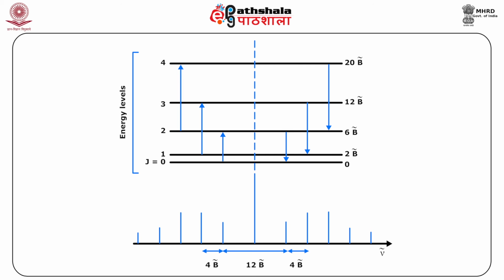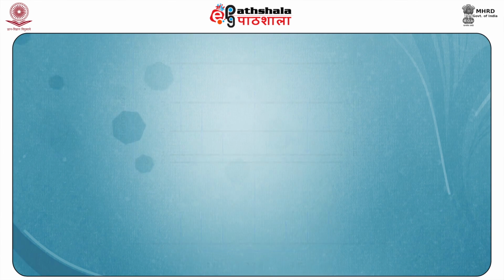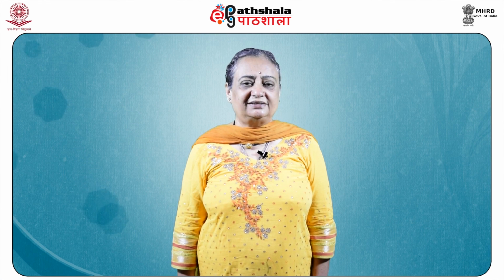The next one is j is equal to 2 to 4, and here the energy difference is 20 minus 6, which is 14 b bar. So, you have the first line at 6 b bar, then after that the spacing is 4 b bar for every subsequent line. Similarly, on the higher energy side also the same thing happens, and you have the pure rotational Raman transitions in the spectrum. We will understand this using an example.